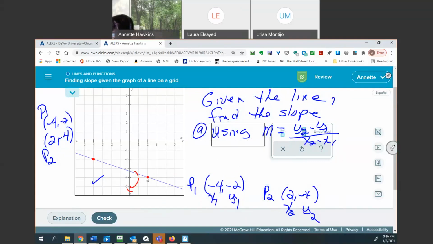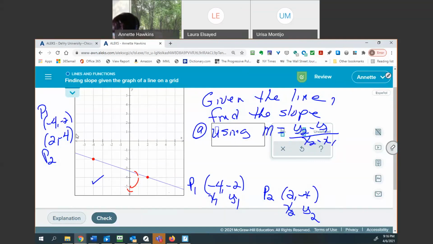All right, so I want to go from this point to that point, and I have to go along these grids. So I have to go 1, 2. I went up 2, and then I have to go left 1, 2, 3, 4, 5, 6.